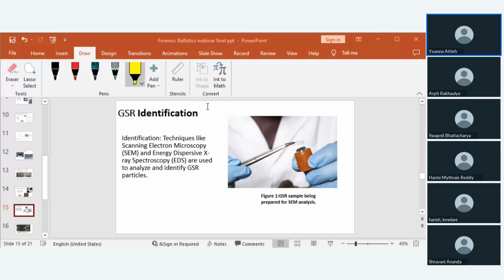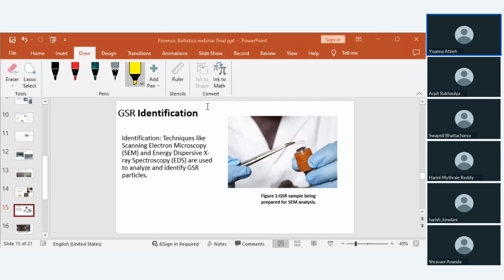For analysis of GSR particles, Perception GSR is an automated software platform built onto the Phenom XL system. Perception GSR is fully compliant with ASTM E1588, which provides a dedicated solution for GSR analysis. The software works by defining a scan area for each sample stub and then scanning it frame by frame.